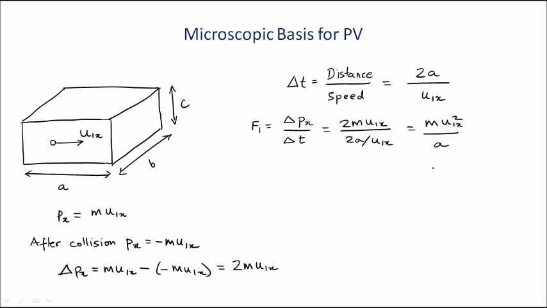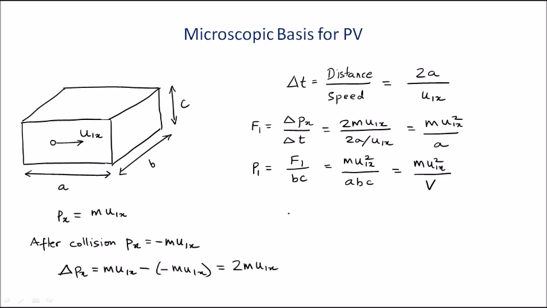The pressure on the right wall is the force divided by area. So P1 is equal to F1 divided by bc, which is equal to m u1x squared divided by abc, which is m u1x squared divided by the volume of the box.